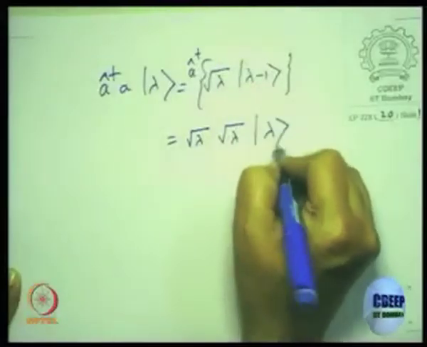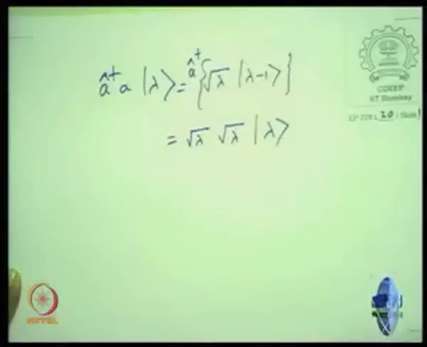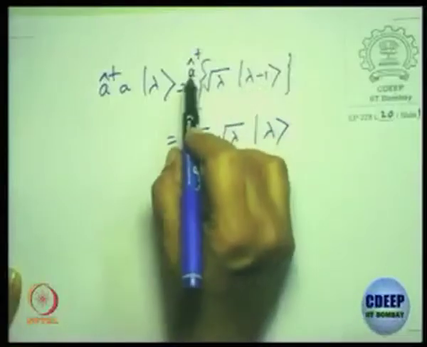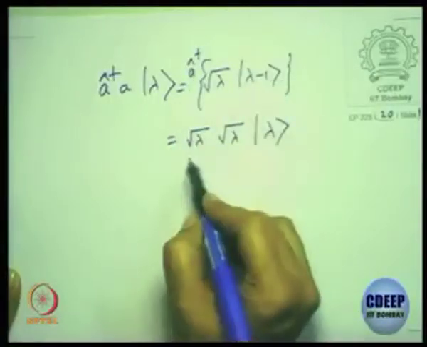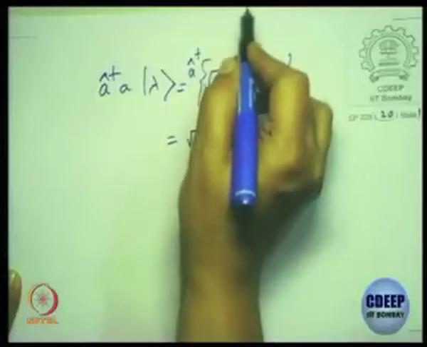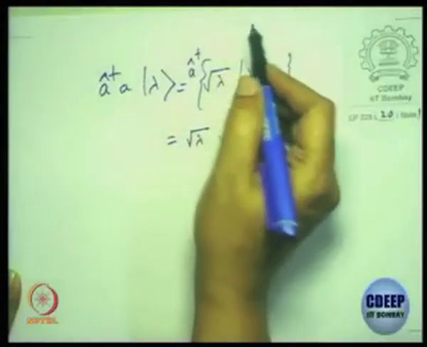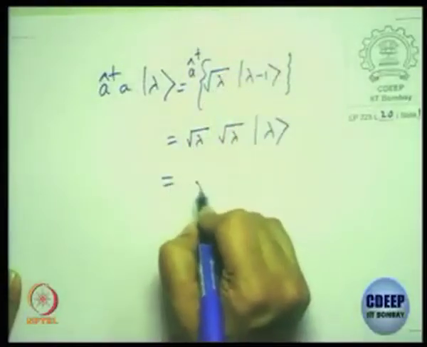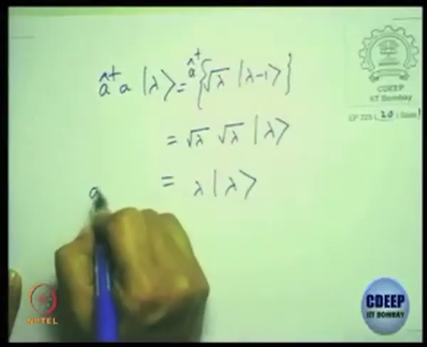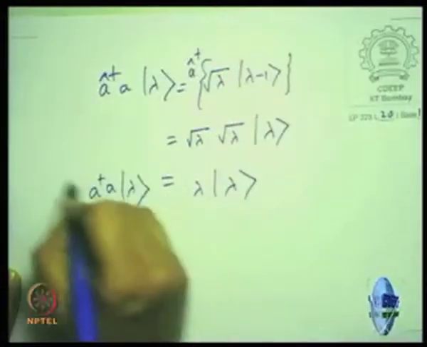You agree? Because on the lambda minus 1 state, if a dagger operates, it will give you square root lambda times, it raises it back, so you get, which is consistent. Get back this.